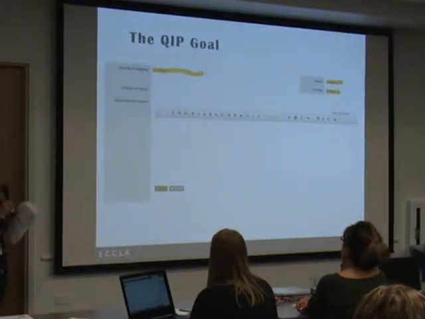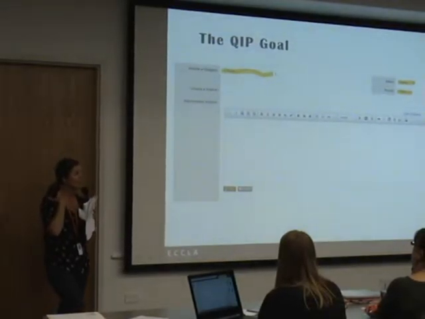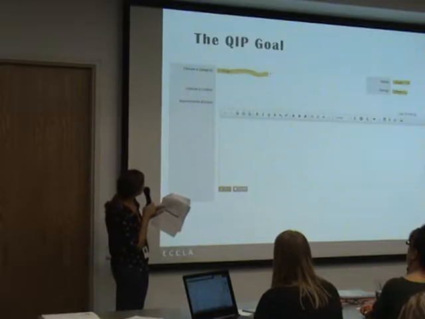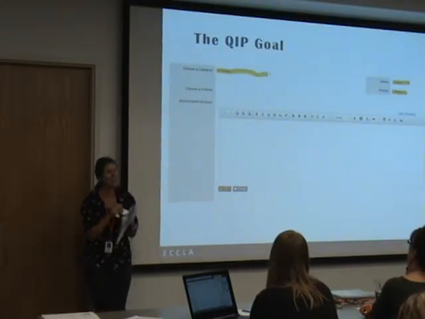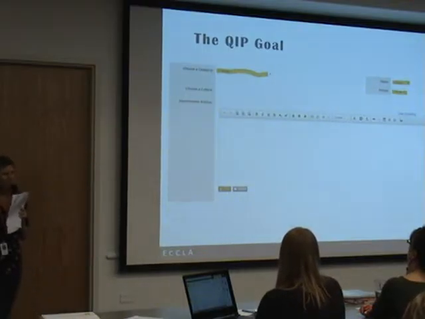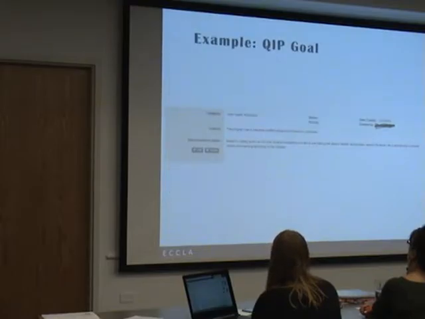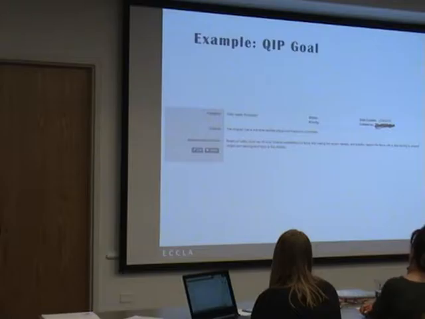The QIP is set up around the categories, those broad categories within Colorado Shines, those 5 standard areas, as well as going further down into the criteria. So going a little bit deeper than just the broad topic of the standard. I'm not sure how well everyone can read this, so I'll read it out loud for all of you, but this is an example of a QIP goal that I wanted to share with you.